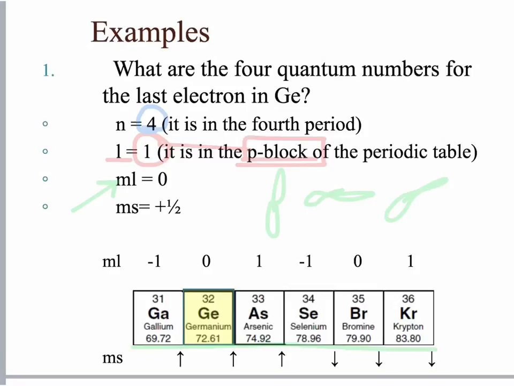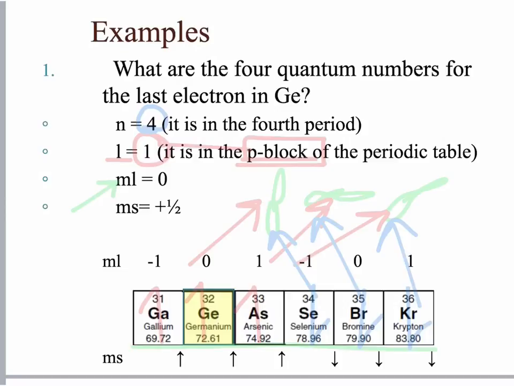So if you look at this, you can see this electron spins up, this one spins up, and this one spins up, in these directions. Then the second half of the block, this electron spins down, this one spins down, and this one spins down. Again, in this orientation, in this orientation, in this orientation.